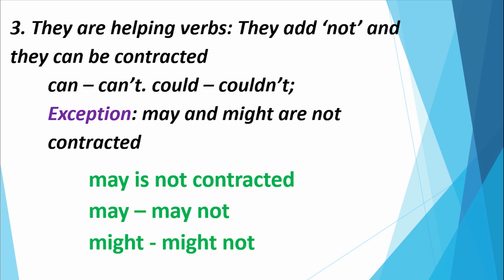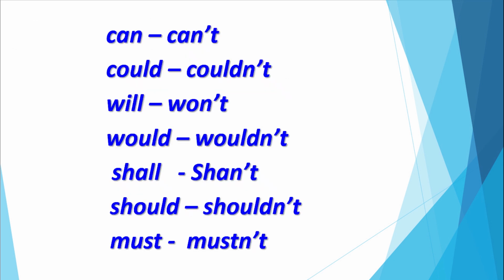In most cases, may is not contracted. May not is preferable. Might not. Otherwise, all the other modals can be contracted with not. Can, can't, could, couldn't, will, won't, would, wouldn't, shall, shan't.